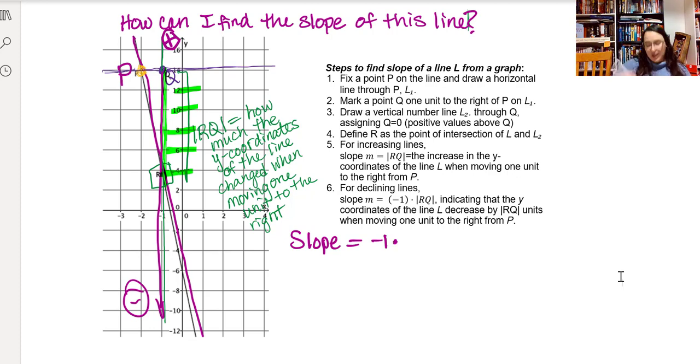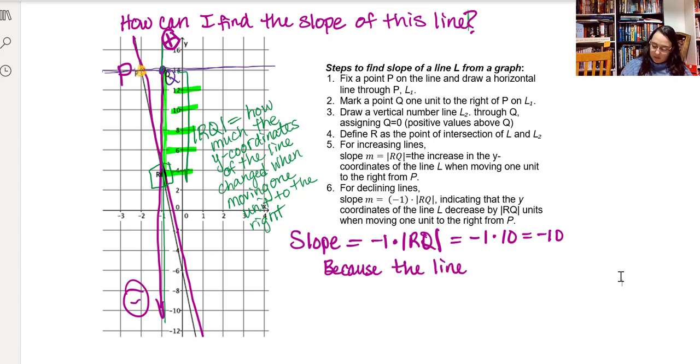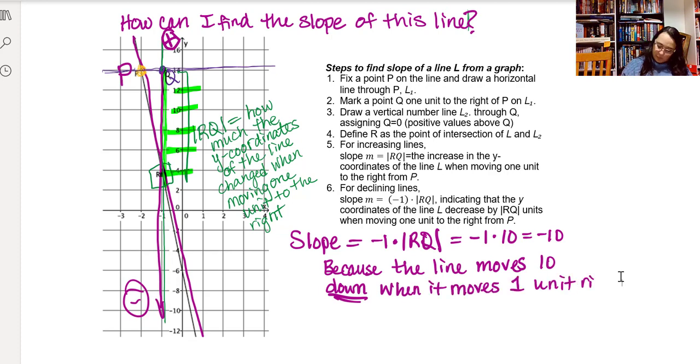We want to make it negative times the length of RQ, which would be -1 times 10, or -10. Because the line moves 10 units down when it moves 1 unit to the right.